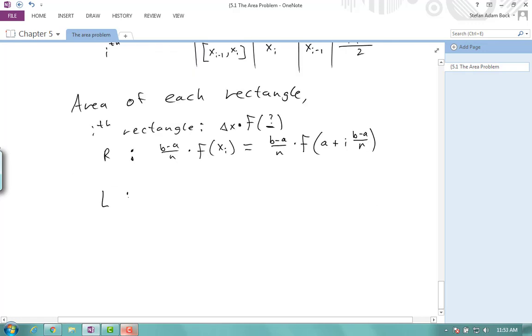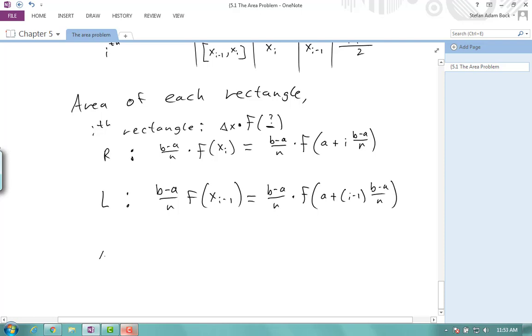Similarly for the left, I'll have (b minus a) over n times f of x sub i minus 1. This is equal to (b minus a) over n times f of a plus i minus 1 copies of (b minus a) over n.